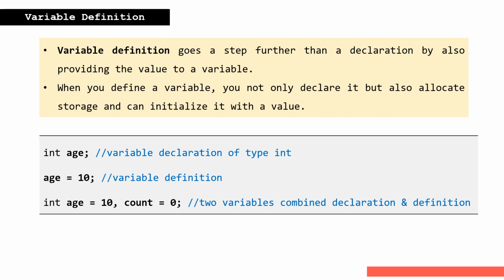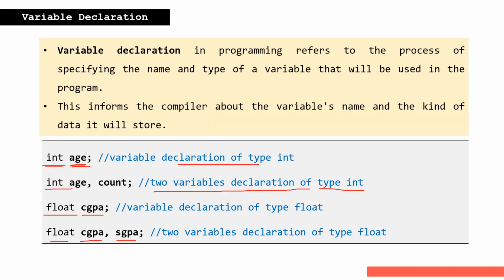Then next is variable definition. But before that, I will also give an example of character. Suppose you want to have a character variable, char gender. You can have a character variable as well, gender, or you may want to have an array of characters. An array of characters means a group of characters.